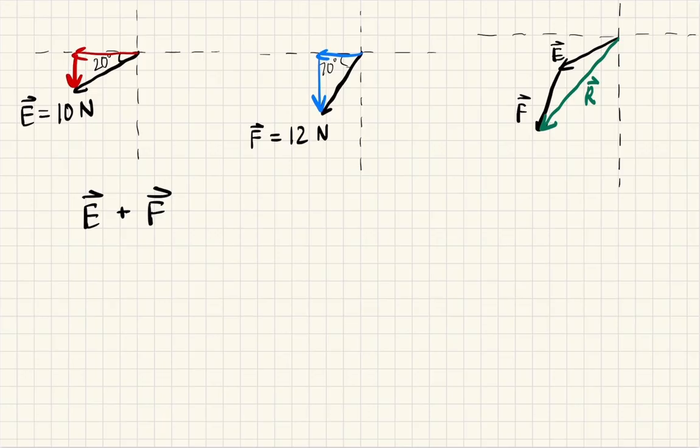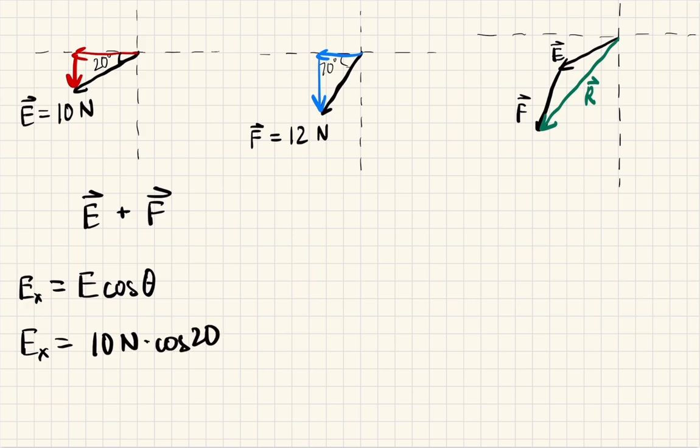Starting with vector E, the x component's magnitude is going to be found by multiplying the magnitude of vector E by the cosine of the angle between the x-axis and the vector. In this case, that's 20 degrees, and the magnitude of vector E is 10 newtons. It's going to be 10 newtons times cosine 20.